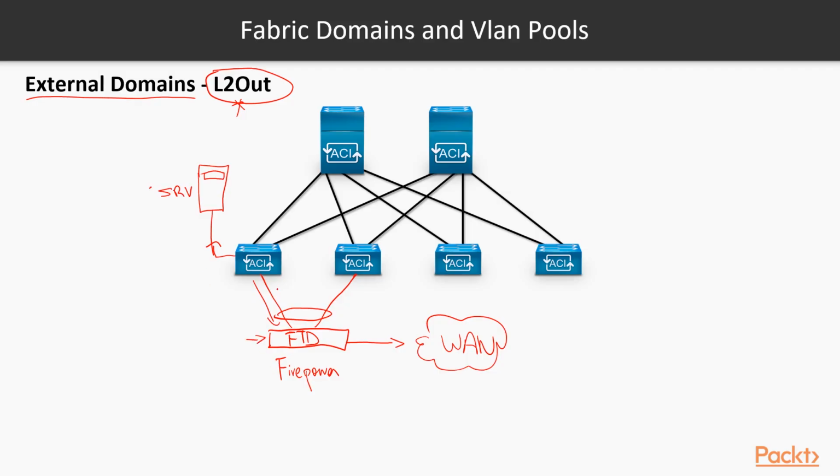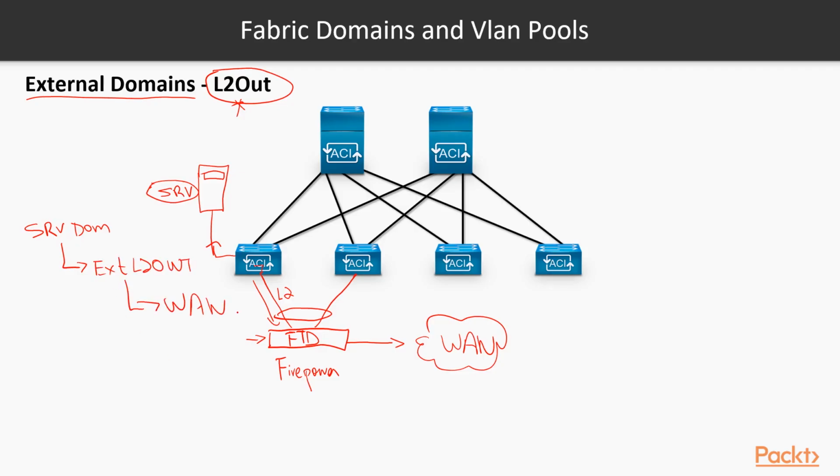So this becomes a layer 2 link, and we have a layer 2 extension to this particular physical domain. So basically the path goes: SRV domain, which can be physical or virtual, doesn't matter, goes to X, and then from there goes out to the WAN.